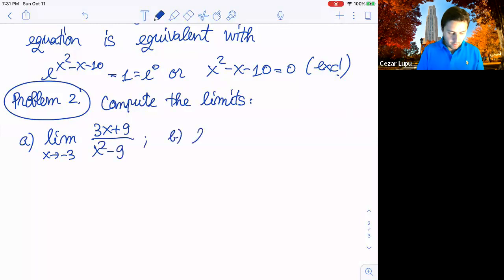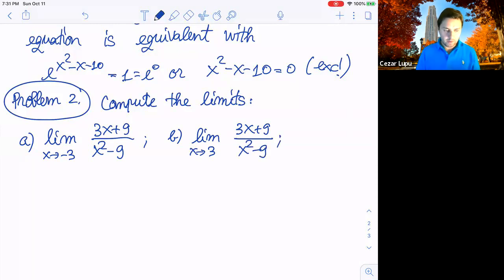The second one is limit as x approaches 3 of 3x plus 9, everything over x squared minus 9. And maybe another one, c, limit as x approaches 0 of x times x plus x to the power -1.